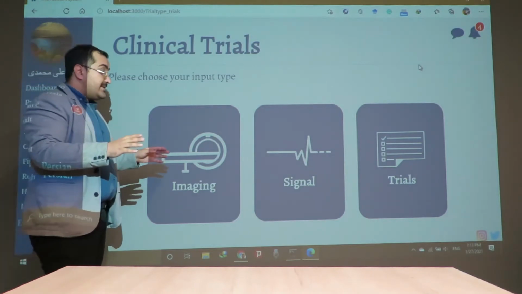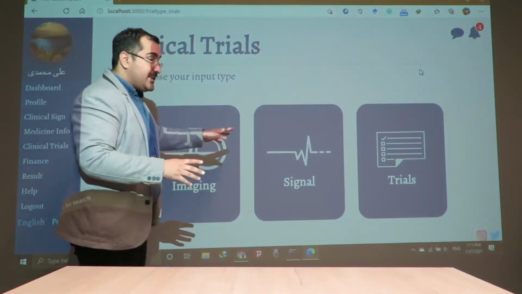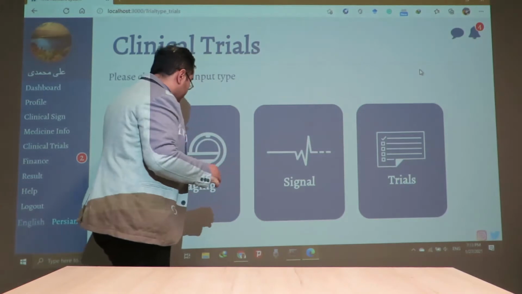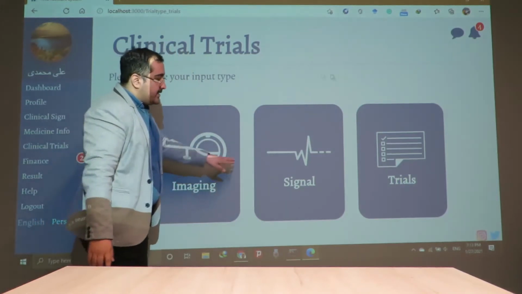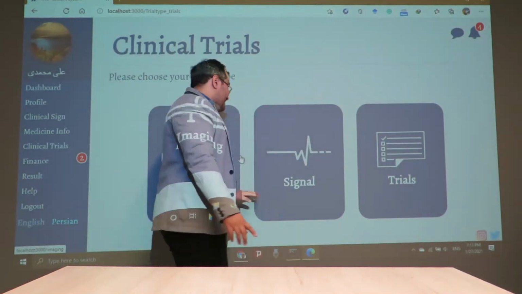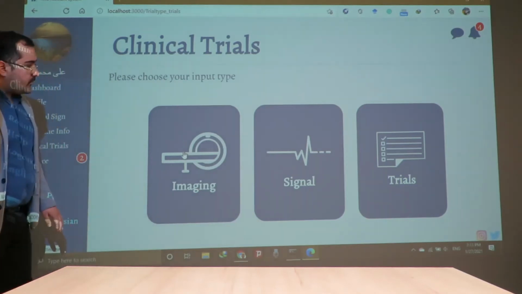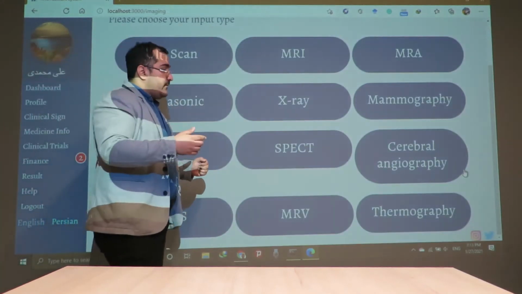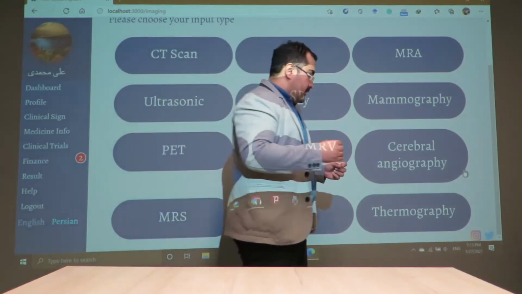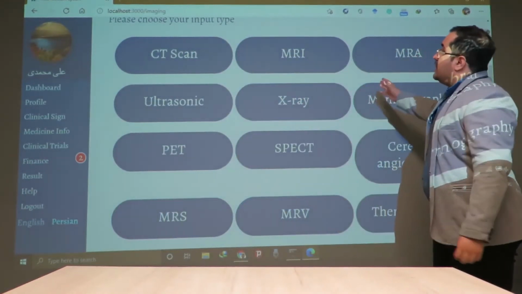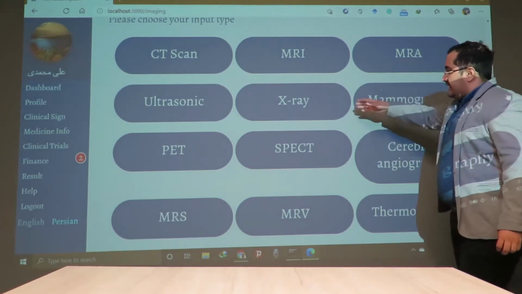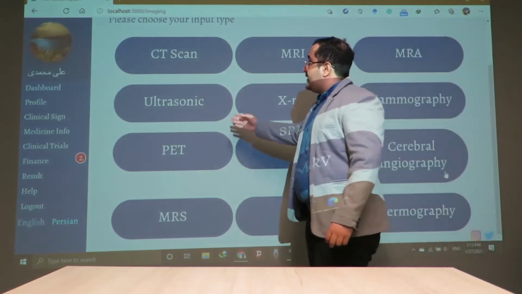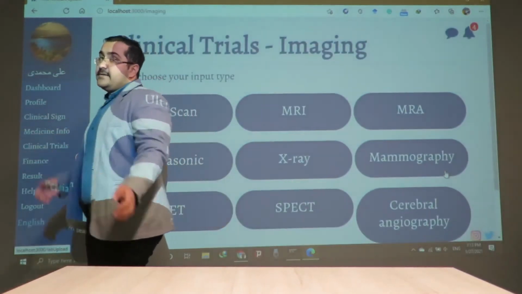You can see 3 subsections in this part: imaging, signal, and trials. In the imaging subsection, you can upload different types of imaging in the medical system. For example, you can upload your MRI, X-ray, MRV, PET, ultrasound, CT scan, or other types of images.